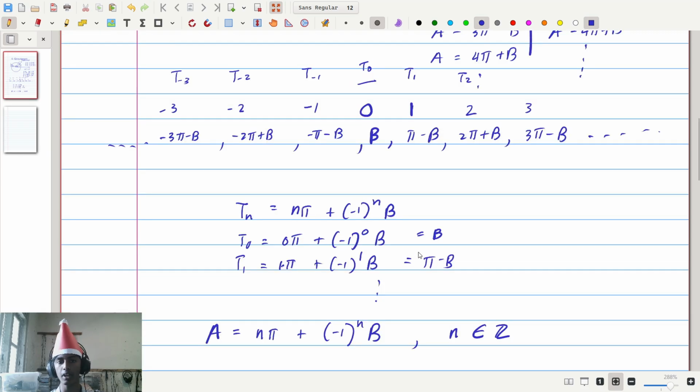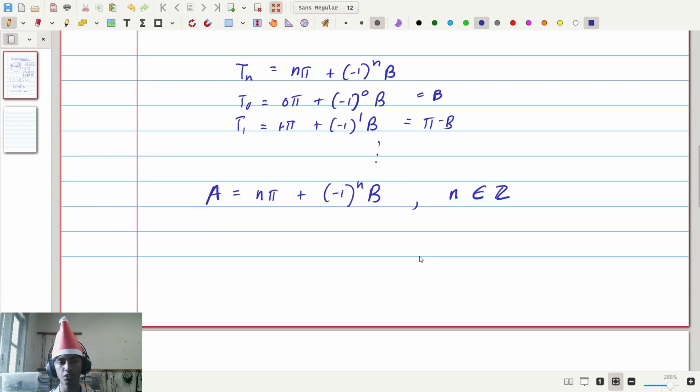Since every single one of these solutions is possible, we can write every single solution as a common thing like this. You can say that a is equal to n pi plus negative 1 to the power of n times b, where n is some integer. It doesn't matter which integer, because any integer will give you a valid solution. If you want a specific integer, you can choose a specific n and then find that value of the solution.